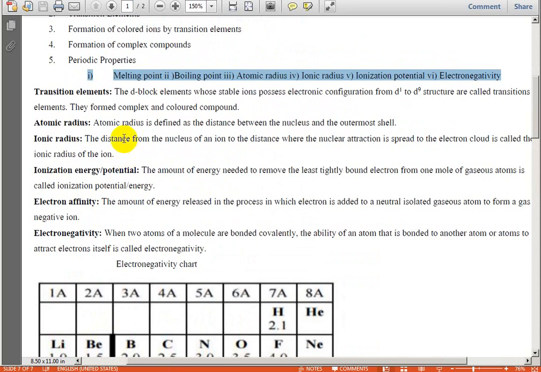Atomic radius is defined as the distance between the nucleus and the outermost shell. We have already learned two periodic properties, melting point and boiling point. Now we learn atomic radius.